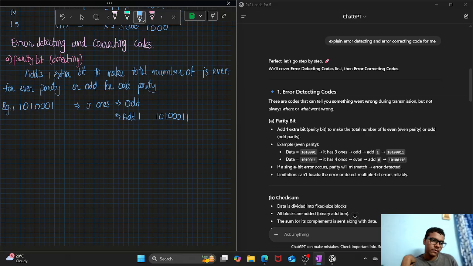Example 1. Example 2: 10100011 has four ones, which is even parity, so add 0, giving 10100011.